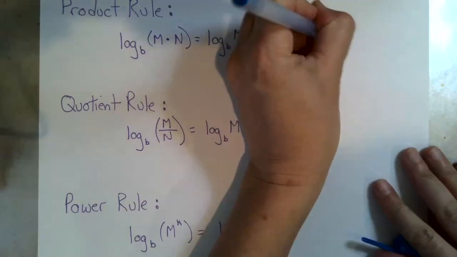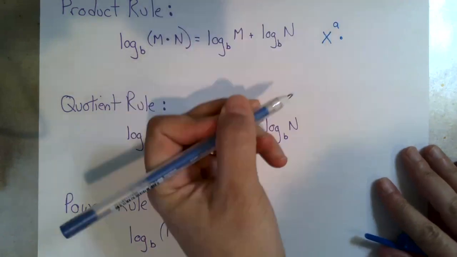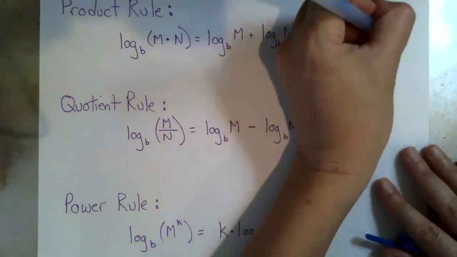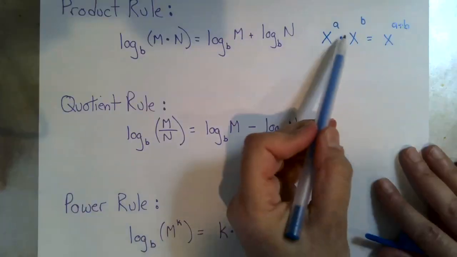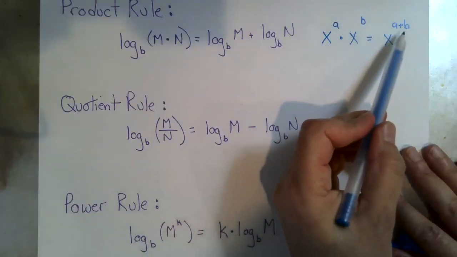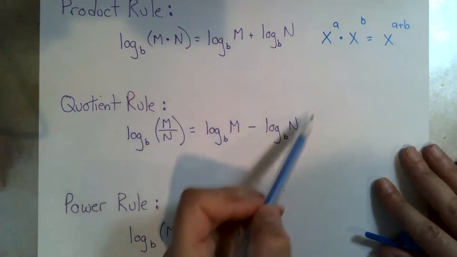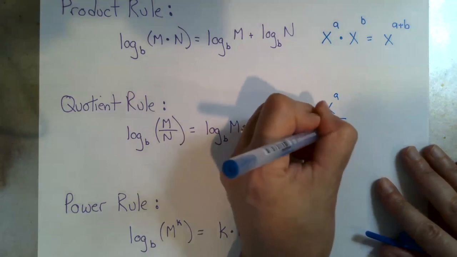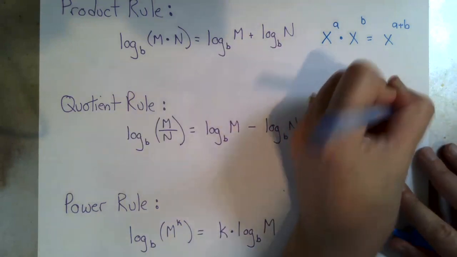When we have x to the a times x to the b, that becomes x to the a plus b. The multiplication becomes addition. Same thing here. When we have x to the a divided by x to the b, that becomes x to the a minus b.